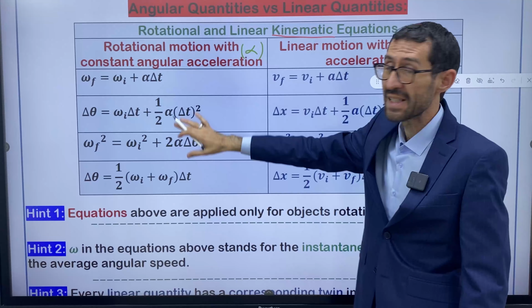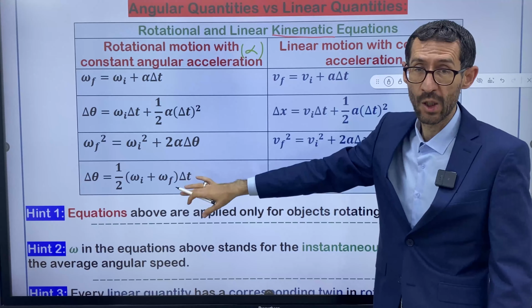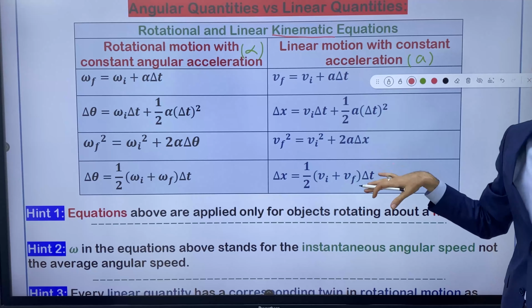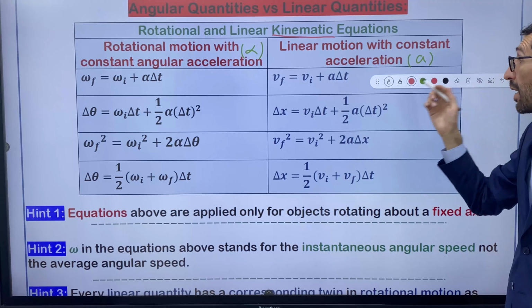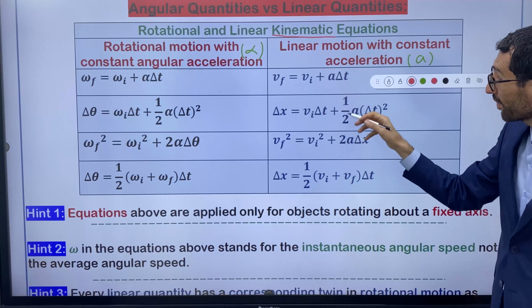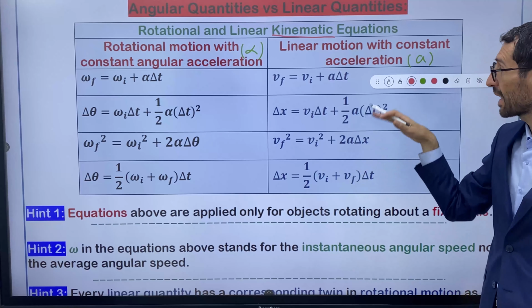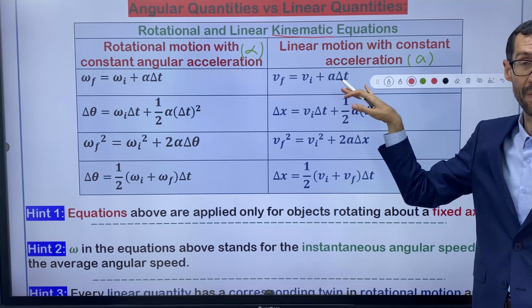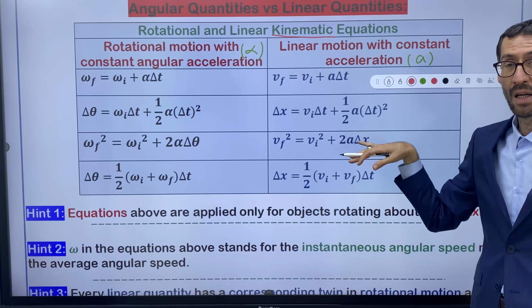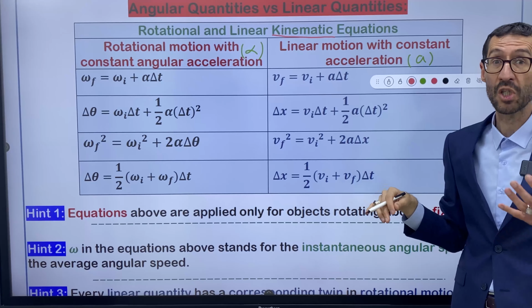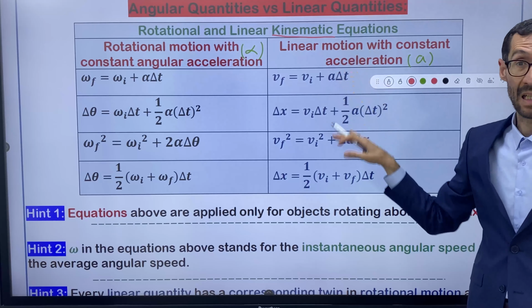The first column is dedicated to rotational equations. The second column is related to the linear equations, and if you take a look at these equations, we are familiar with them. We covered them in detail, especially in grade 11.